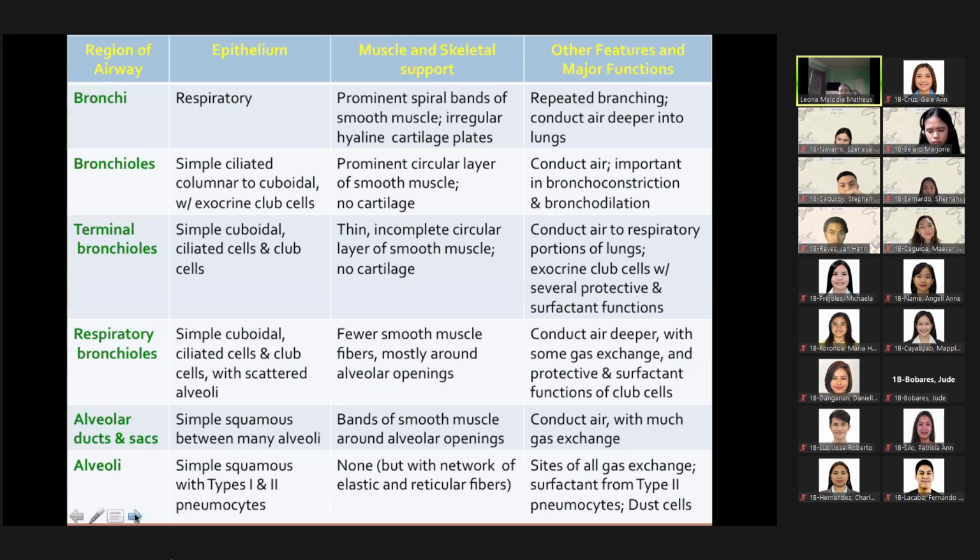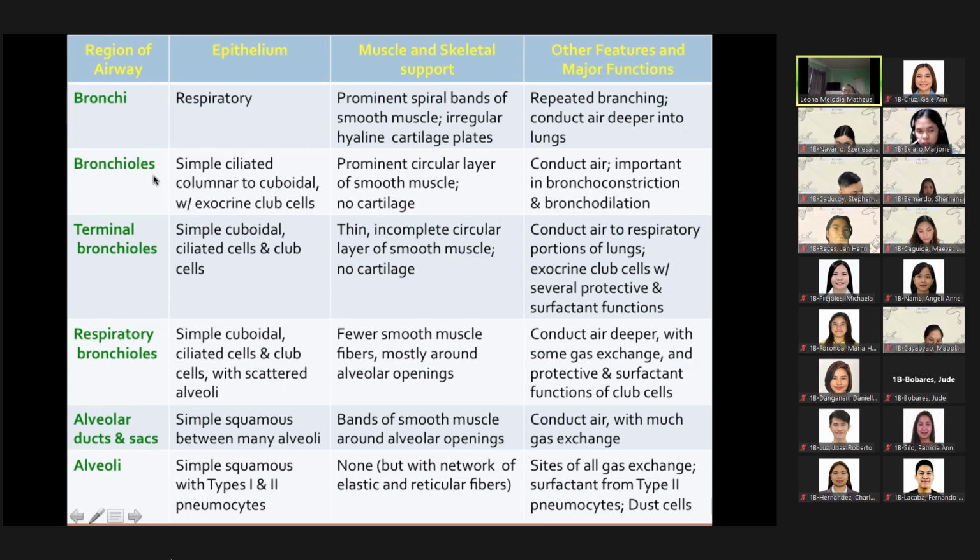So in summary, this is what we have. Again, we said that for the bronchi, you have your respiratory epithelium. As I said, for the bronchial, wag na tong simple columnar. Ay, simple, ito na pala, simple ciliated columnar. Huwag natin consider si cuboidal. Kasi sabi natin si cuboidal is already in the terminal bronchial. Look at this. Talagang we have transition zones. So again, for the bronchi, we simply consider the respiratory.